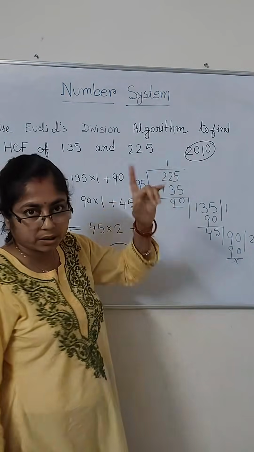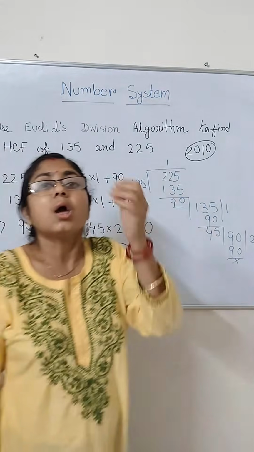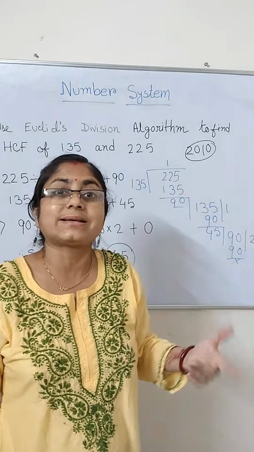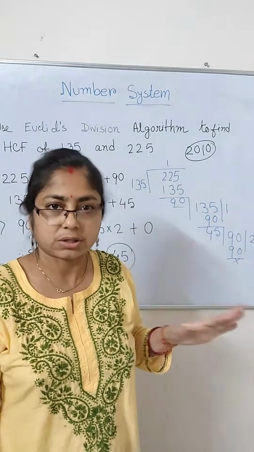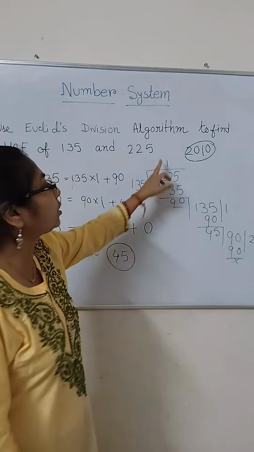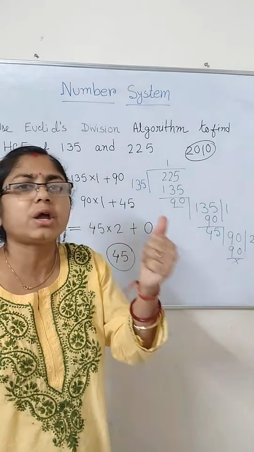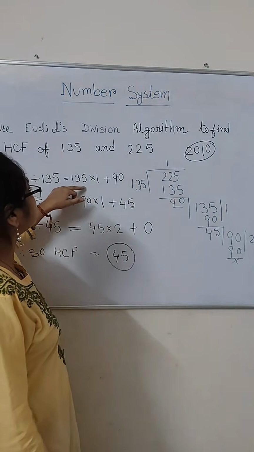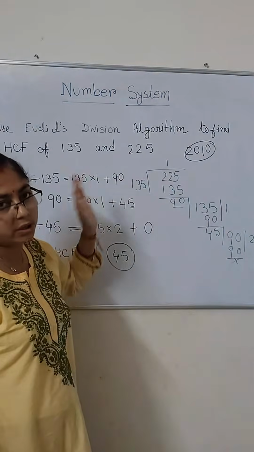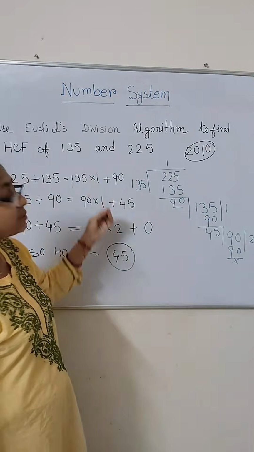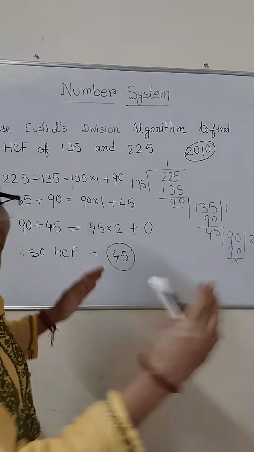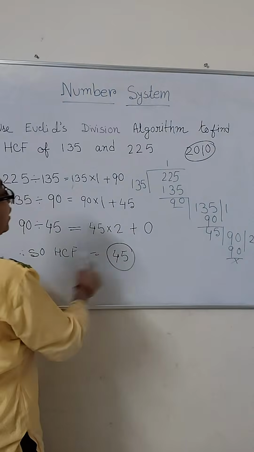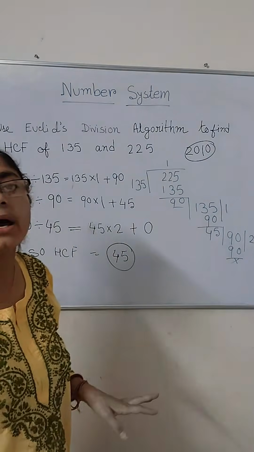The quotient is 1, the remainder is 90. We repeat the process till 0. When there is no remainder, the math finishes. Clear? And one more thing: if the quotient is 2 or 3, no problem, you can write 135 into 2 in this way. But this method is very important for the board exam, so please write the method in this way. Okay? Clear?